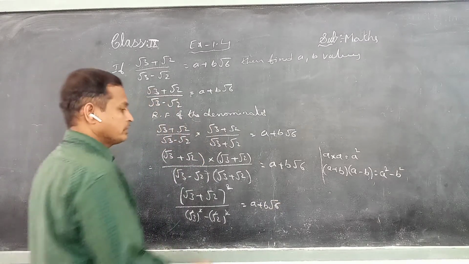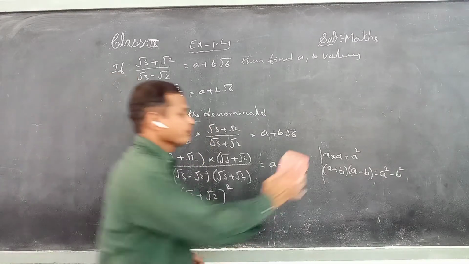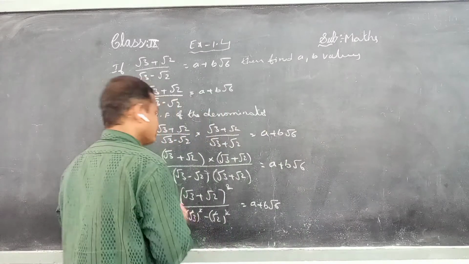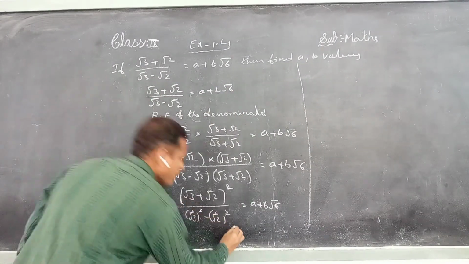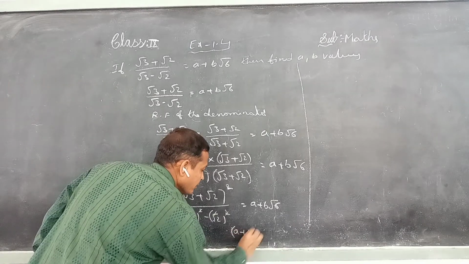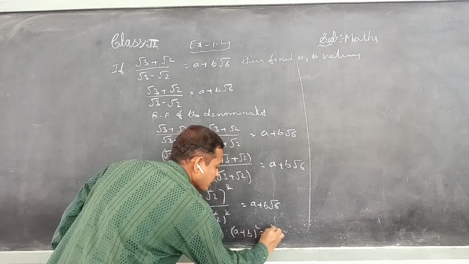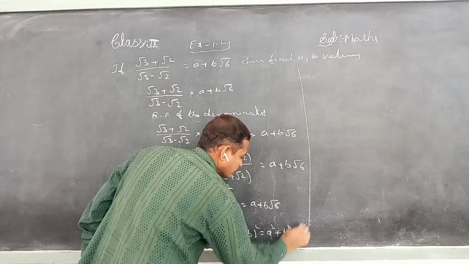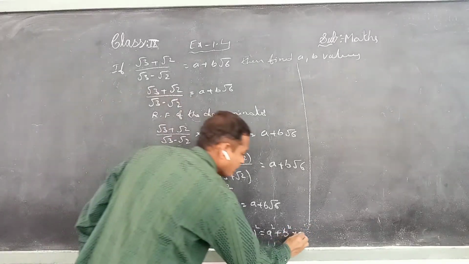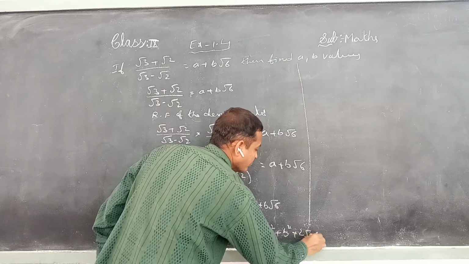Children, next, continue. So this is in the form of a plus b whole square. Children, what is the formula? A square plus b square plus 2ab. Okay, children, a square plus b square plus 2ab.